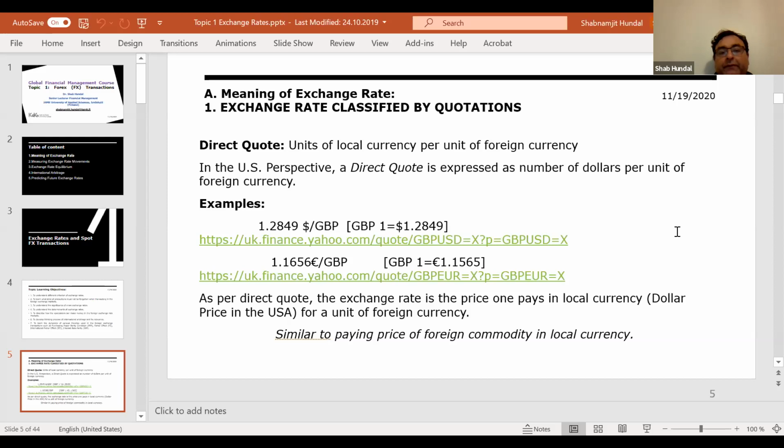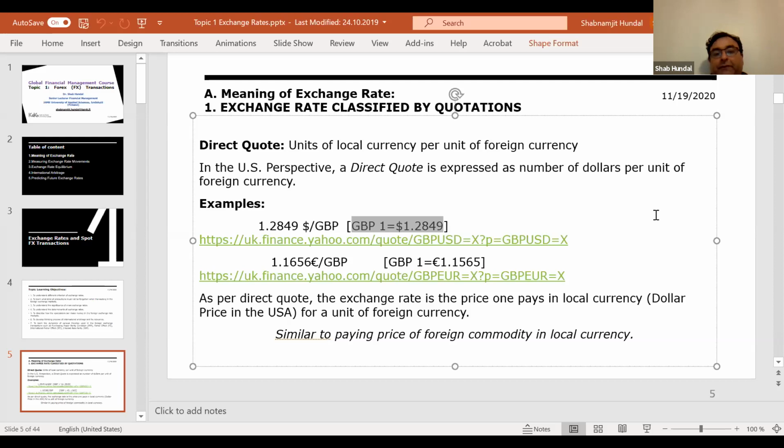The direct quote is, as you can see in the definition, the units of local currency per unit of the foreign currency. So for example, if you're living in the US and you have this kind of quote, GBP 1 is equal to $1.2849, then this is a direct quote of the British pound, or pound sterling, or GBP, in the US.